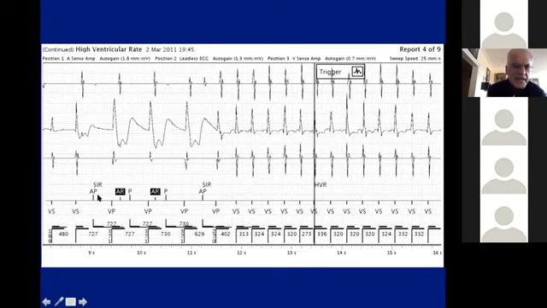You have continuation of A pacing. Then there is a ventricular paced event. After the ventricular paced event, probably the intrinsic sinus A falls in the refractory. That's why it's blacked out.